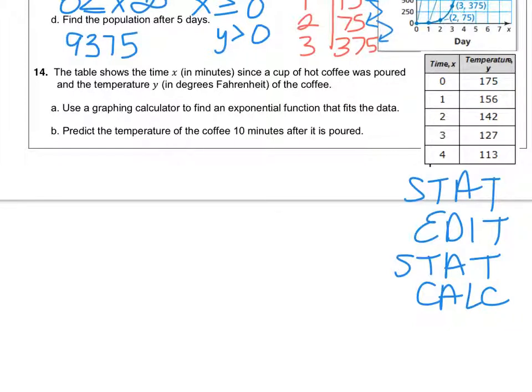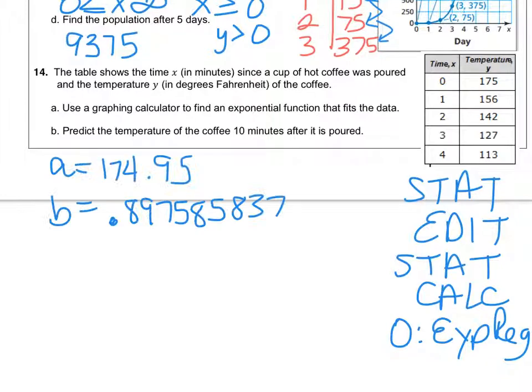Now we're going to use 0, which is for exponential functions. So I'm going to put this data into my calculator, into stat edit, and I'm going to go stat calculate 0. Let's go ahead and pause the video, get that done, and then we'll talk about what it all means.